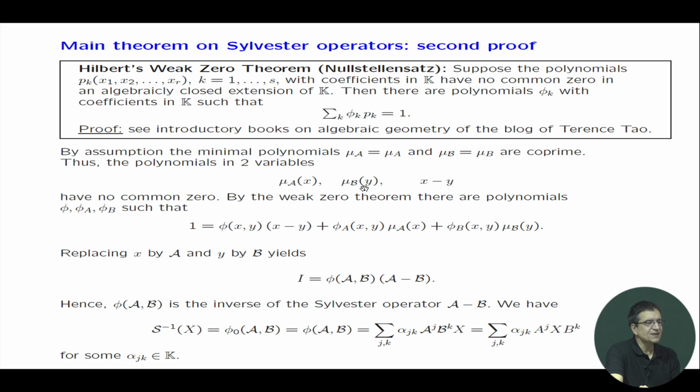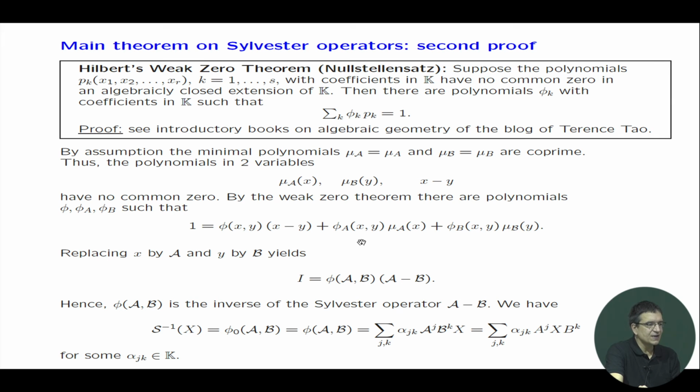The minimal polynomials of script A and script B are coprime, and this has as a consequence that these three polynomials have no common zero. So there are three other polynomials, phi, phi A, and phi B, so that this identity here holds.